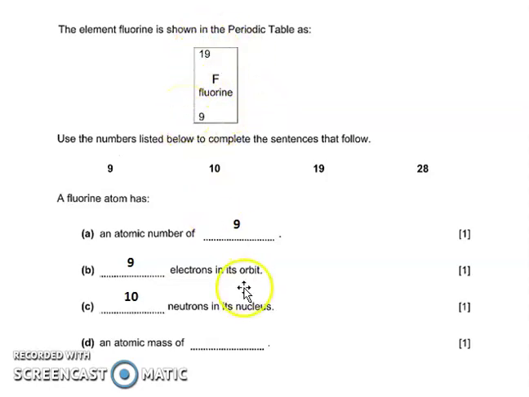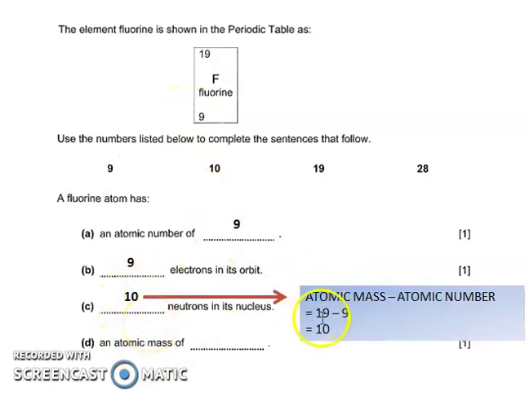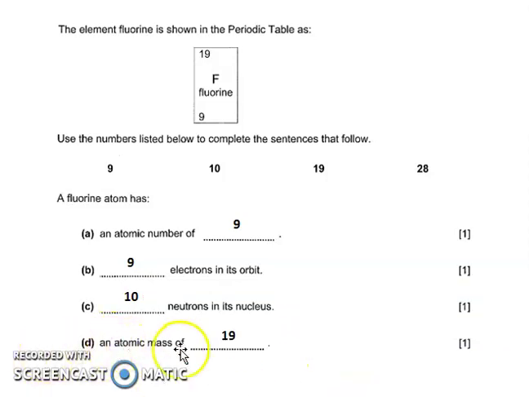So we will get 10. How did we get this 10? Just subtract the atomic number from the atomic mass and you will get 10, which is the number of neutrons. And looking at the next, the atomic mass of the fluorine element is 19.